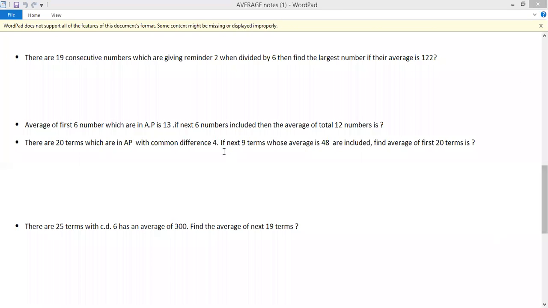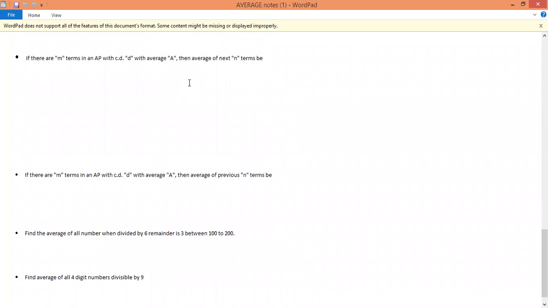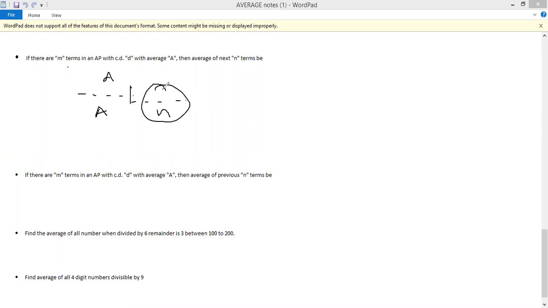Right? See here, same here. This is also like the previous one. Already m terms are there. Average is A, common difference is D. Next n terms are there. These numbers' average is how much? So how will you calculate?